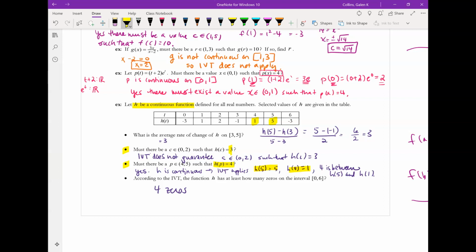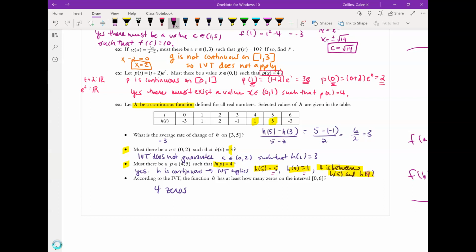So that's why this one is a yes and the one above was a no. Since 4 is between h of 5 and h of 4, I made a typo right here, that should be a 4, or I could think of it as being between 5 and 1. Because of that, we can guarantee that there must be some value of p between 4 and 5 so that h of p is 4.